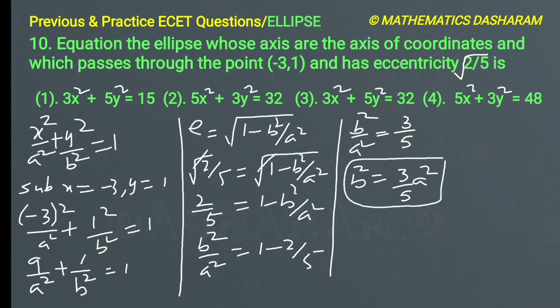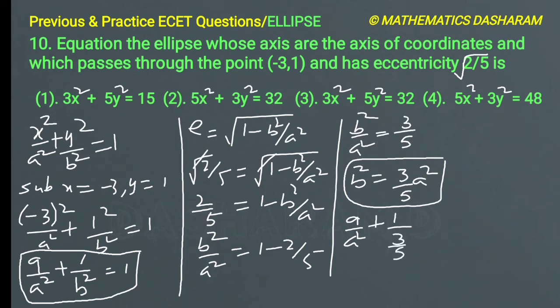Let's substitute this value in this equation. What is that? 9 by a square plus 1 by b square. B square value how much? 3 by 5 a square. Otherwise, let's write the equation once. So 9 by a square plus 1 by b square, with b square value 3 by 5 a square. Now let's simplify this.